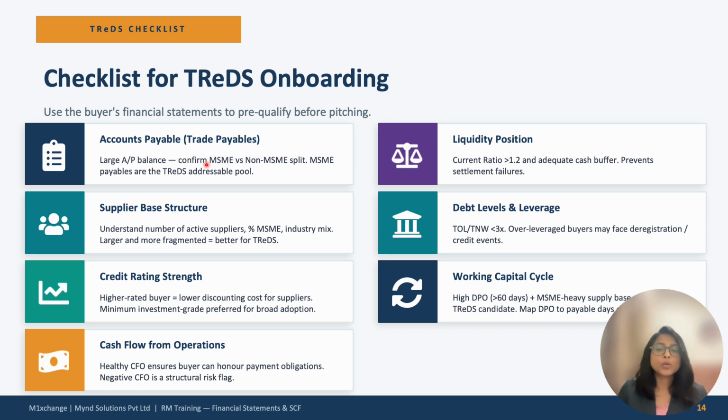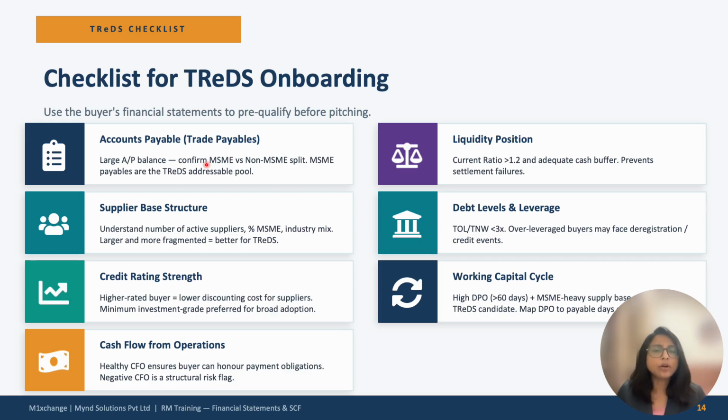So there will be two bifurcations under your trade payables: one is the outstanding for the MSME suppliers, the other is the trade payables to the non-MSME suppliers. When you check in the balance sheet that there is a huge MSME supplier outstanding, you know that this client requires the TReDS product.